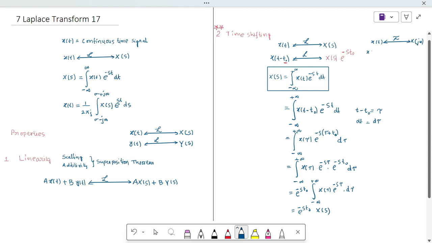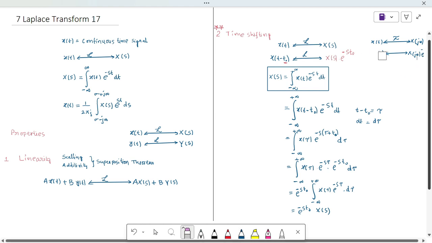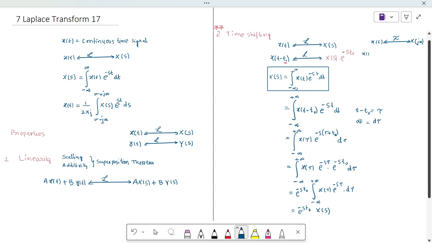For the time shifted signal x of t minus t naught, the transform is x of j omega multiplied by the exponential e power minus j omega into t naught.